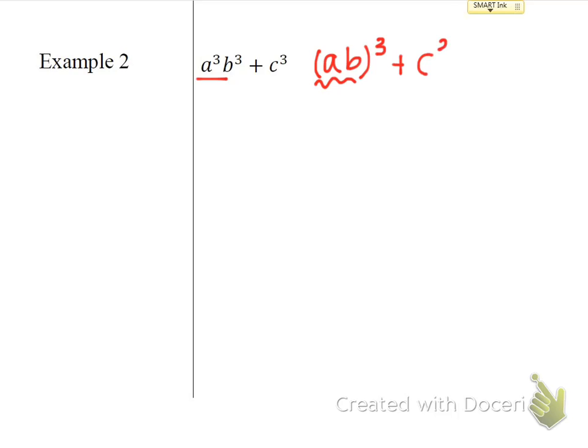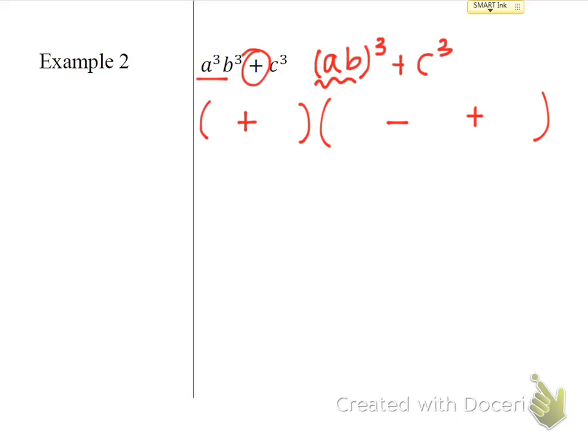plus c to the third. Because this is a sum of two cubes, I'm still going to set up my parentheses, a small one and a big one, and then fill in my symbols using SOAP: same, opposite, always positive. Now I'm going to fill in the blanks.